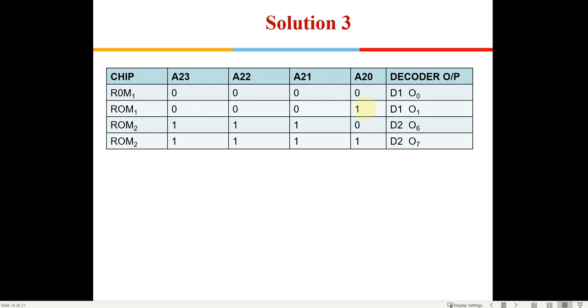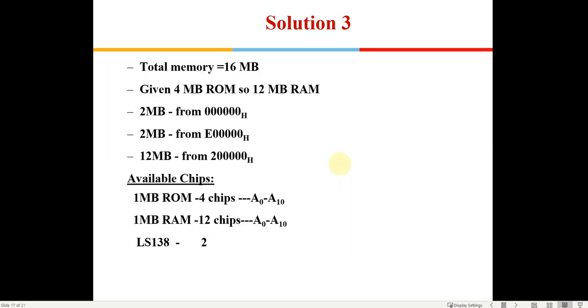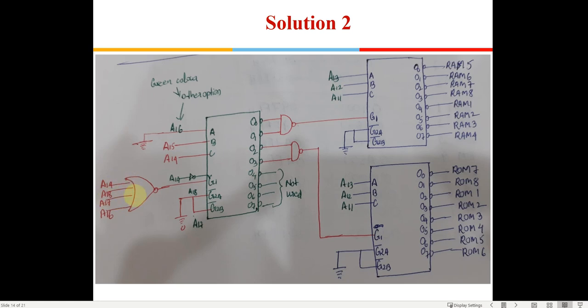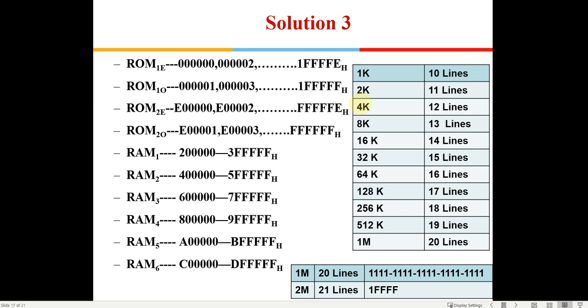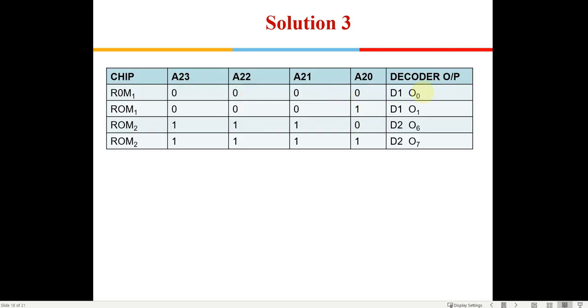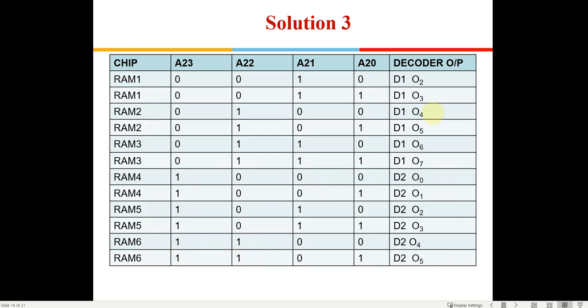We could have taken only 8 unique combinations and gone ahead with the design, but just to give you one more design example, we utilize all the 16 combinations, because otherwise you would have to use an additional gate. So all the 16 combinations have been exhausted here, and two have been given for each set of ROMs.